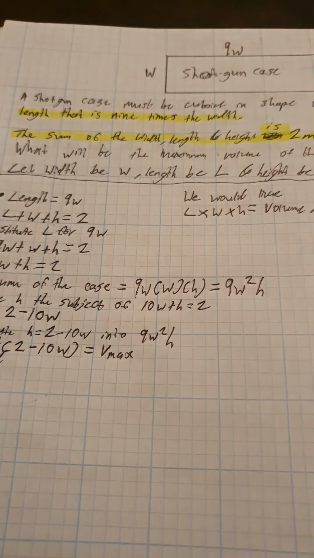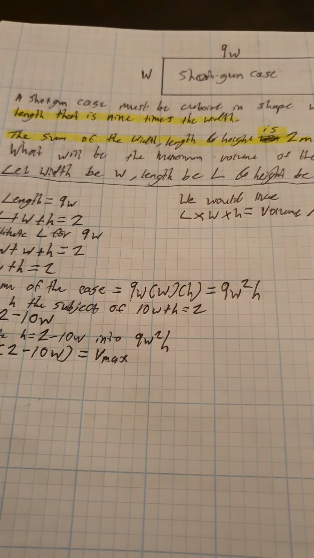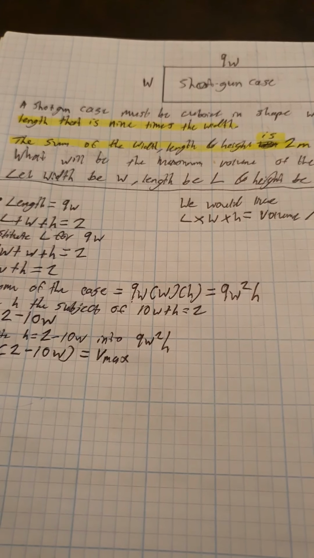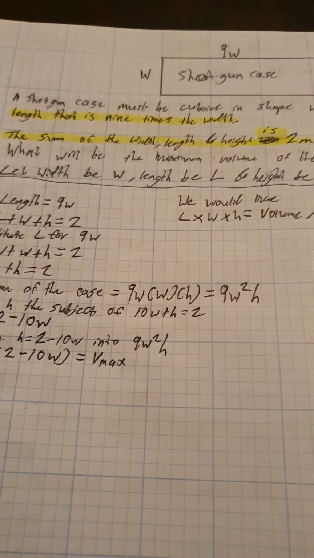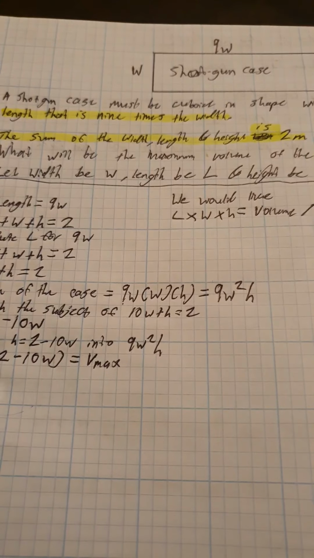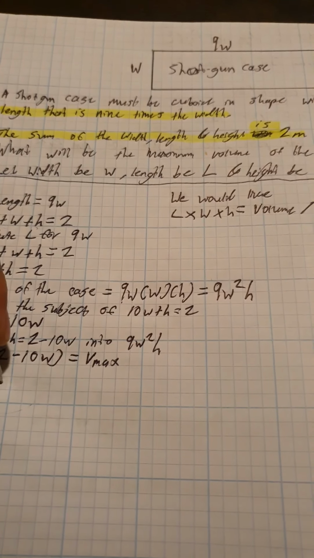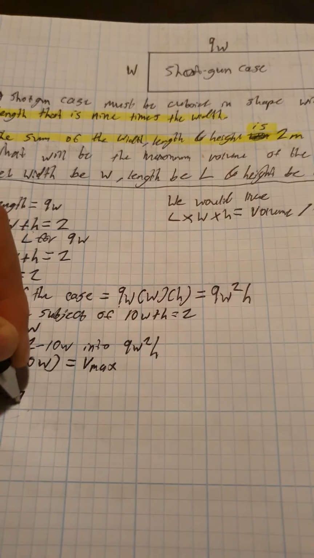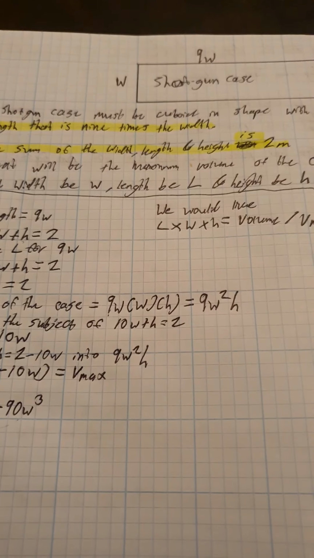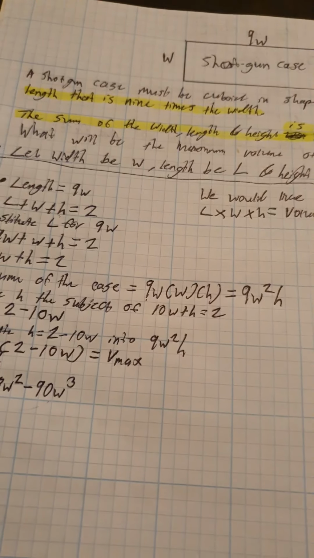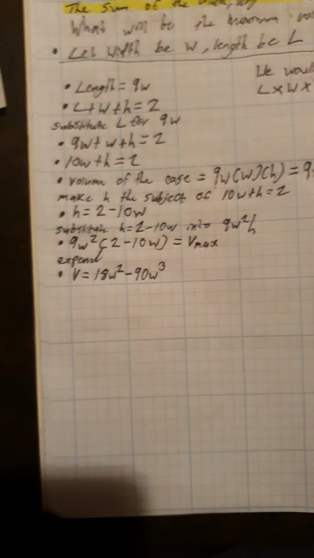That would equal V equals 18W squared take away 90W cubed. Right, cool. Yeah, that should be right.